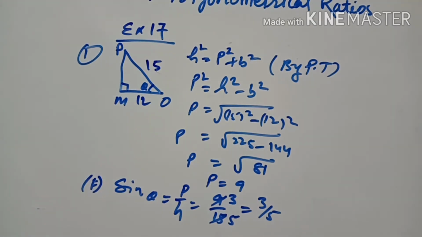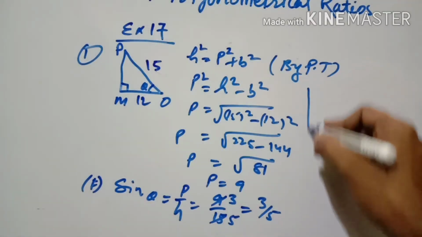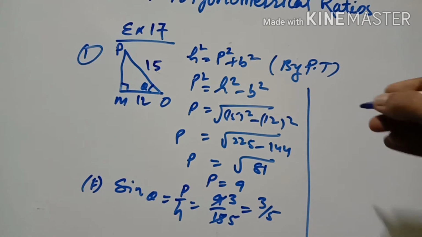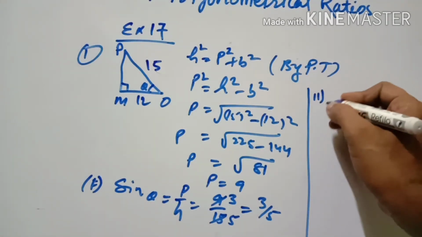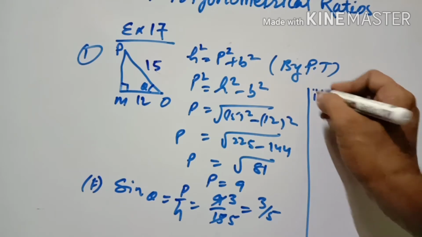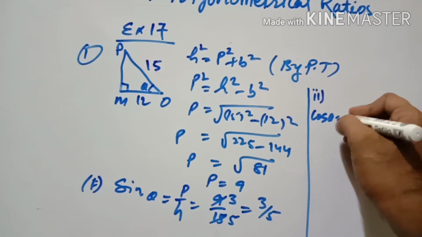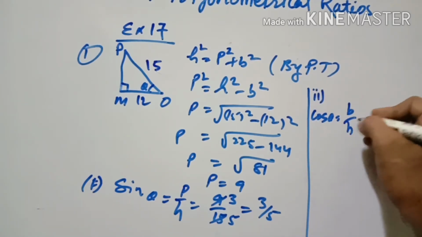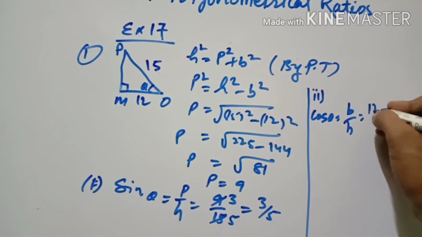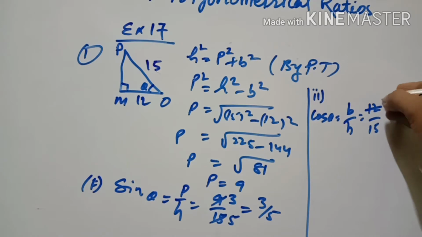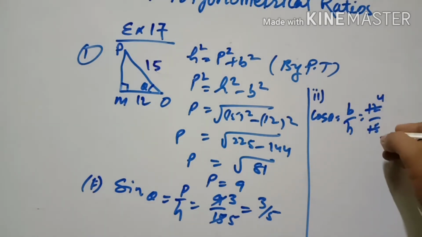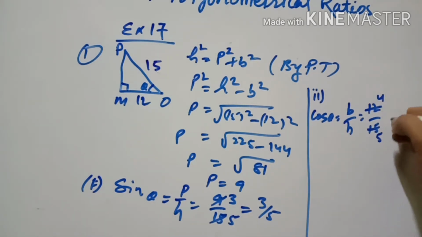Same way we can find out cos theta. Number 2, cos theta equal to base by hypotenuse. Base is given 12 and this is 15. Make it lowest terms. 3 4s are 12 and 3 5s are 15, so 4 by 5.